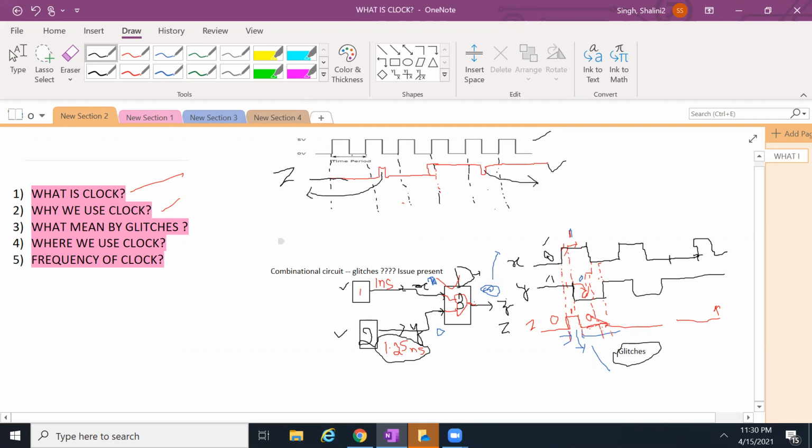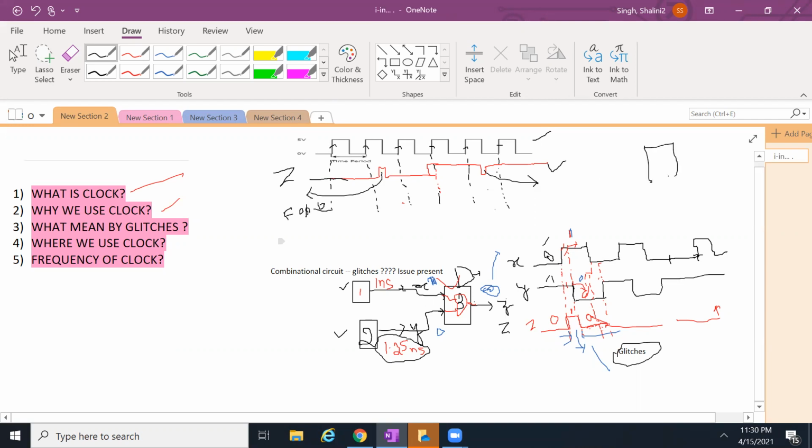So now we'll see in the flop, if we use the clock, how we can remove these glitches. So we'll talk about at every passage of the clock, every positive edge of the clock. Okay. So what exactly will we do here? This is the flop output. Suppose I am taking a zero value.